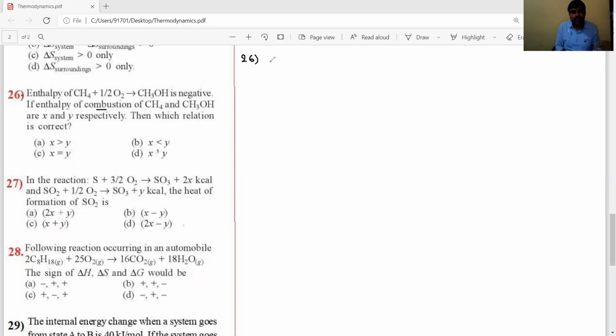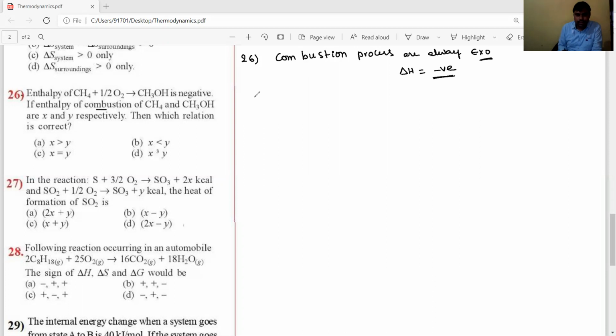So combustion processes are always exothermic, and delta H value is always a negative sign only.